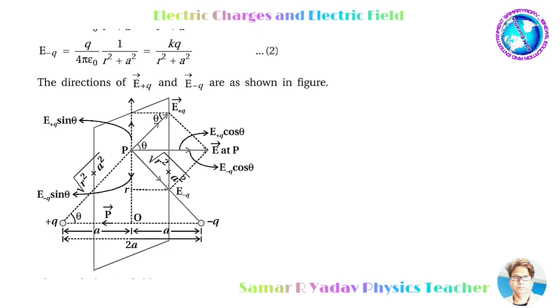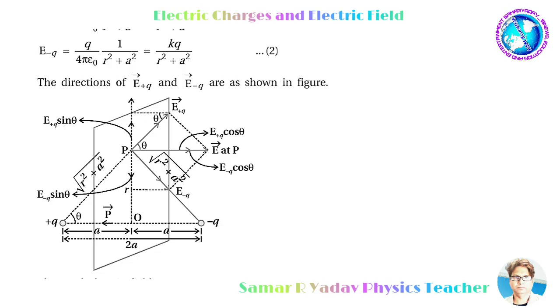Now you can see here the triangle P, plus q, minus q, and its three sides: O to plus q is a, OP is r, and P to plus q is under root r square plus a square.